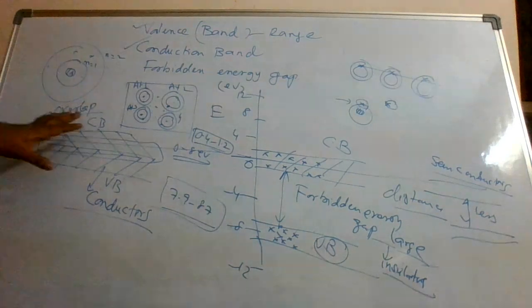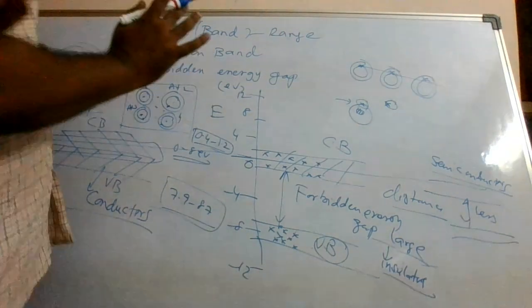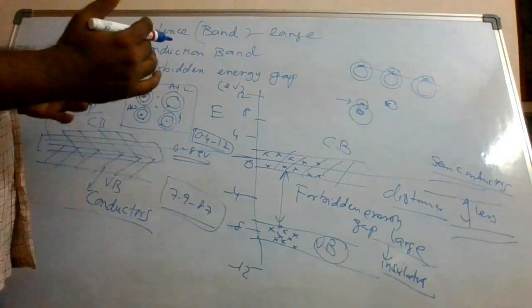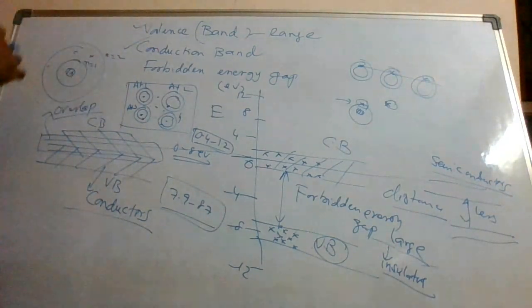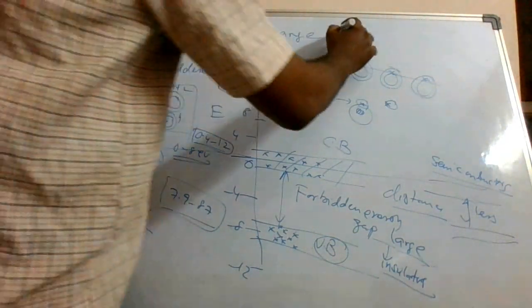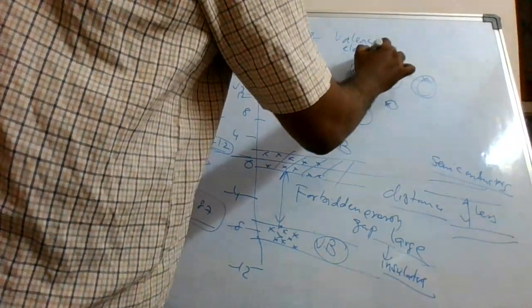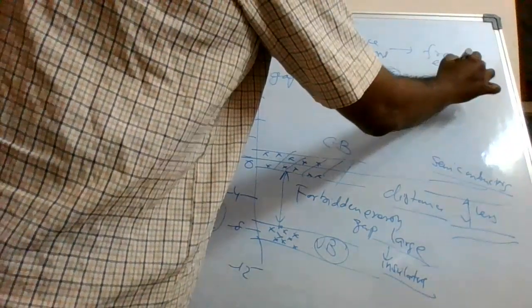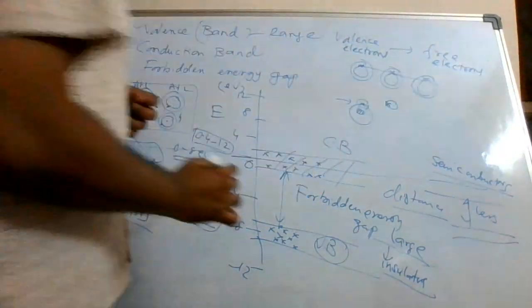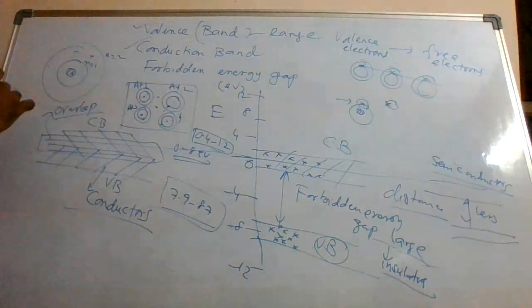Here in conductors, you don't have to provide any energy to make a valence electron into a free electron. In conductors you have valence electrons, and you are trying to make them free electrons. Special energy you don't have to give for conductors.